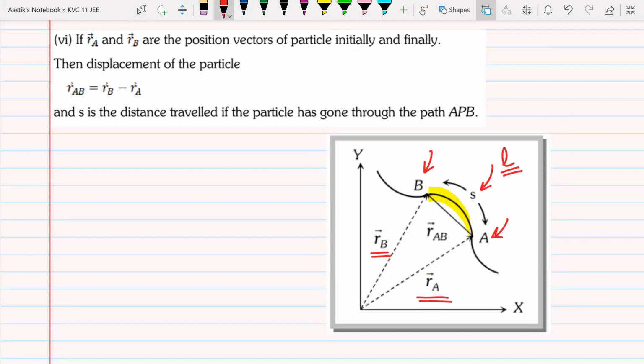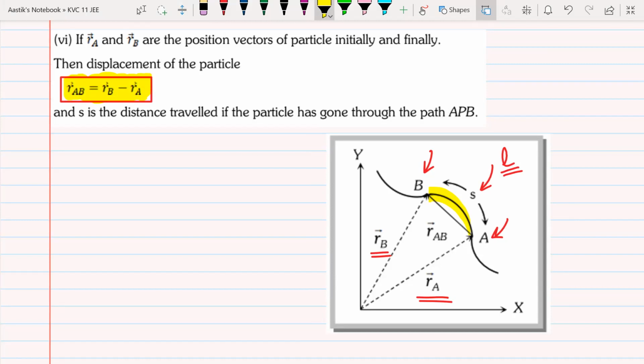To calculate distance, my dear friends, you will have to calculate the length of the path. But to calculate the displacement, it is very simple. You just calculate the final vector. Do you remember that definition? Final vector minus initial position vector. Do we understand this? Yes, sir.